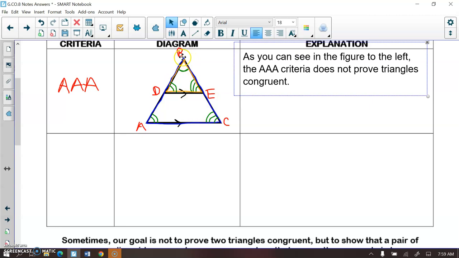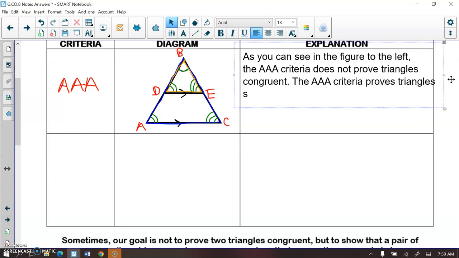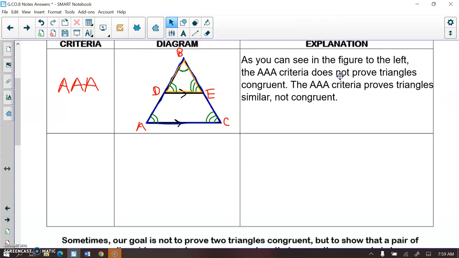These two triangles, the yellow and the blue triangle, are similar triangles, which we'll learn about in our next unit. But it's not going to prove triangles congruent. Okay. So that's the AAA criteria.